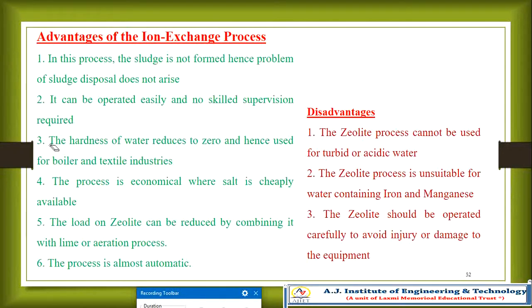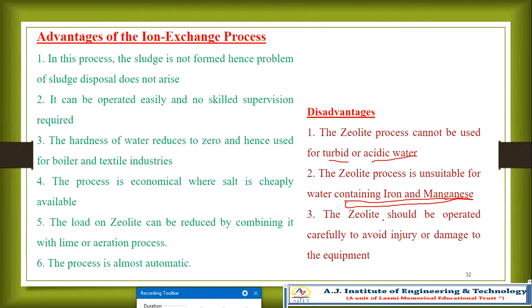Now the disadvantages. The zeolite process cannot be used for turbid or acidic water, and it is unsuitable for water containing iron and manganese, because it is an ion exchange process.